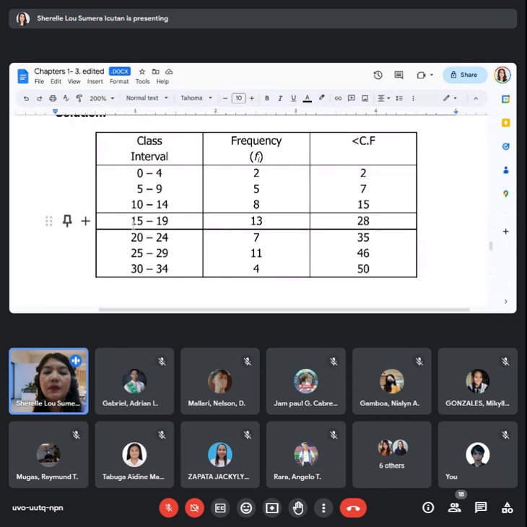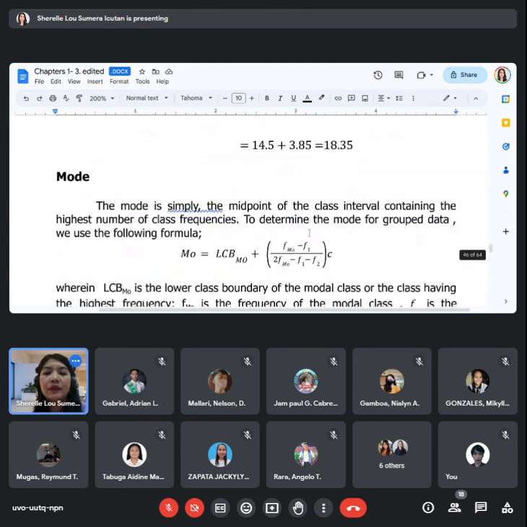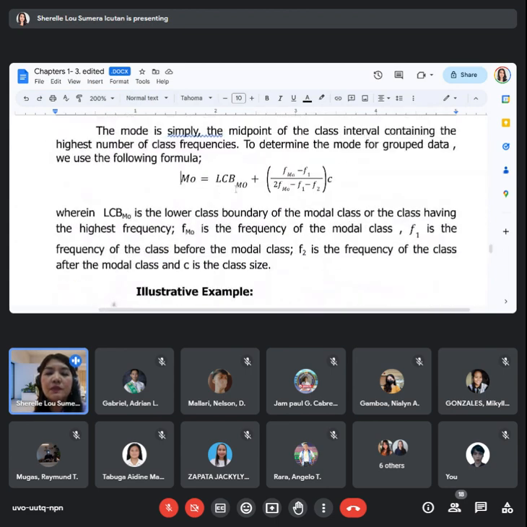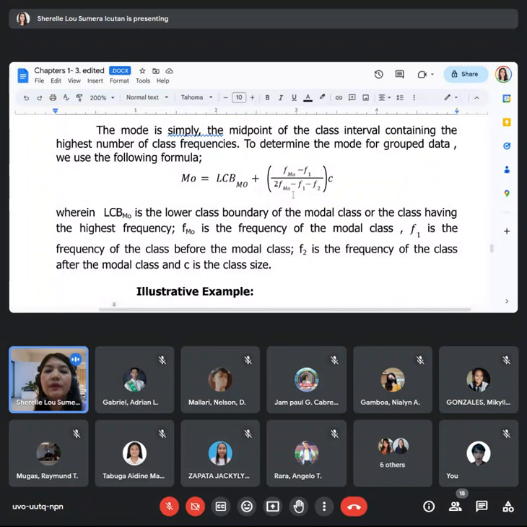The frequency of the modal class, FMO, is 13. F1 is you go up one step, kaya 8. F2 you go down one step, kaya 7. Okay, ulitin ko. This is the formula: lower class boundary of the modal class plus FMO minus F1 over 2 FMO minus F1 minus F2, times 7.